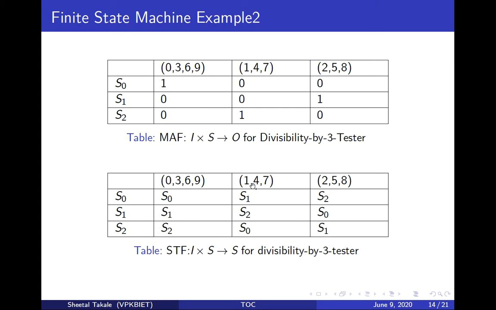If you consider 147, the previous remainder was 1 and for these numbers the remainder is also 1, so the remainder becomes 2. Here the previous remainder was 1 and for these the remainder is 2; 2 plus 1 becomes 3, so the remainder is 0 here. So this is how we have calculated the STF and the MF functions.